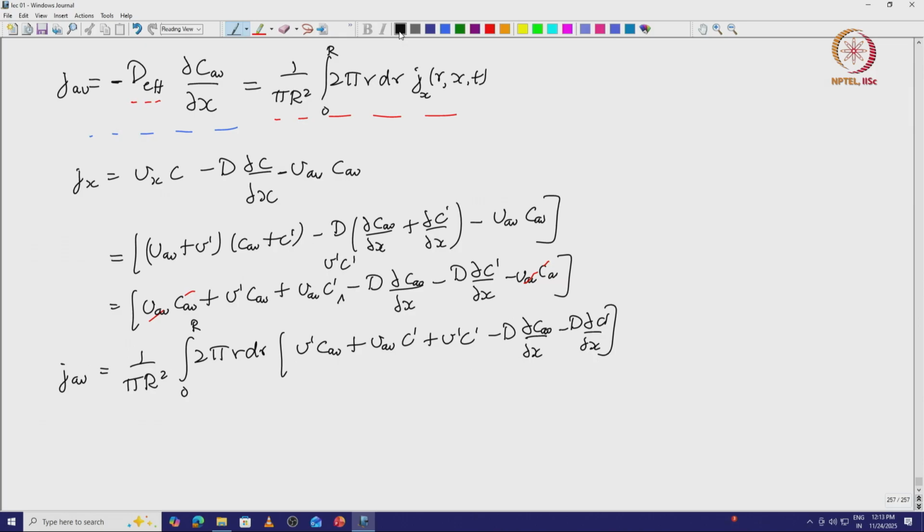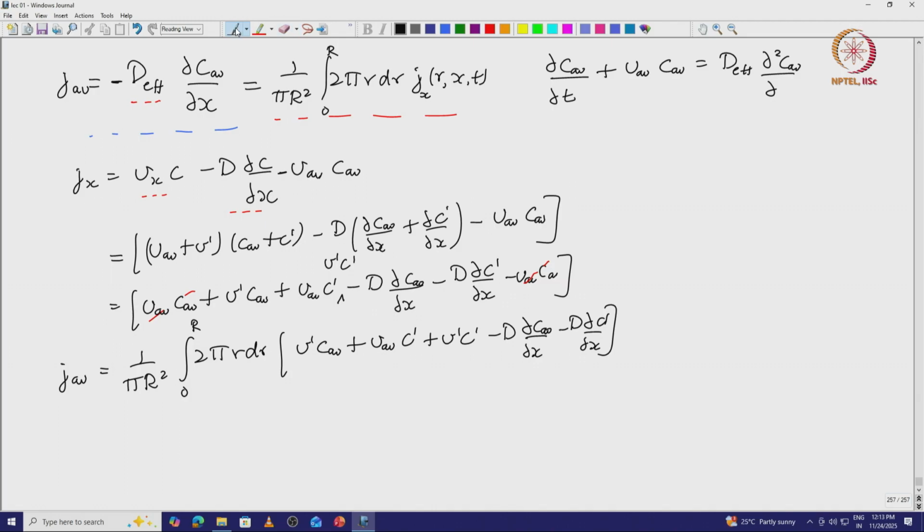It consists of a convective part plus a diffusive part, and from that I subtract out the average convective part, because if I write a concentration equation only for the average concentration, I will get an equation of the form partial C_AV by partial t plus V_AV times partial C_AV by partial x is equal to D effective partial square C_AV by partial x square, the axial direction.